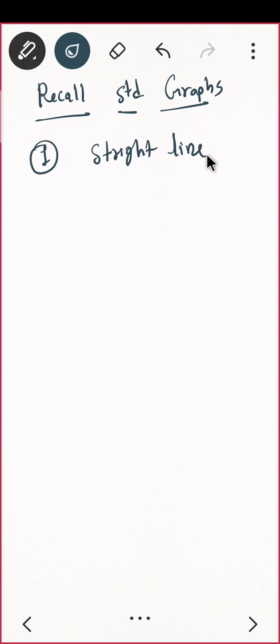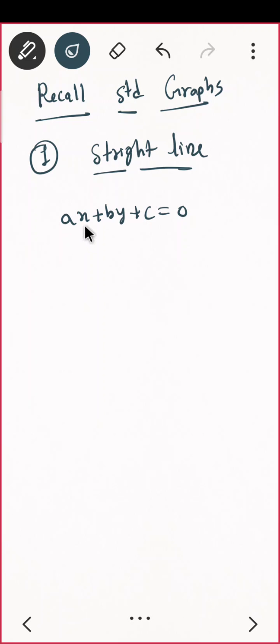What is the general equation of a straight line? How does a straight line look? If you are given an equation, how can you say that it is the equation of a straight line?